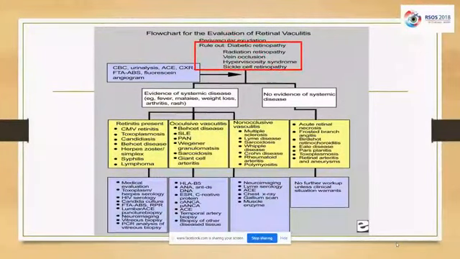By ruling out those, you'll be able to limit your diagnosis to retinal vasculitis, and then you request some blood tests and investigations for diagnosis.